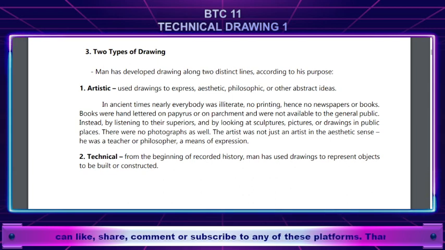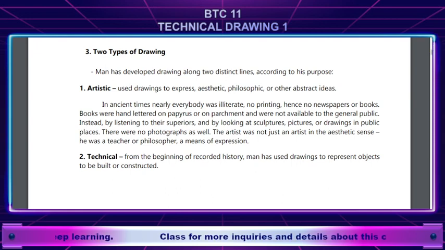If we recall the earlier times, in ancient times, nearly everybody was illiterate. No printing, hence no newspapers or books. Books were hand lettered on papyrus or on parchment and were not available to the general public.